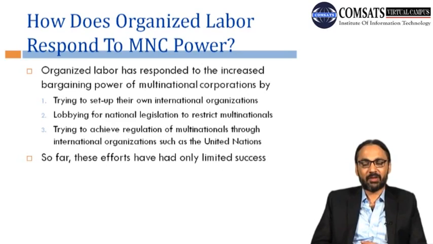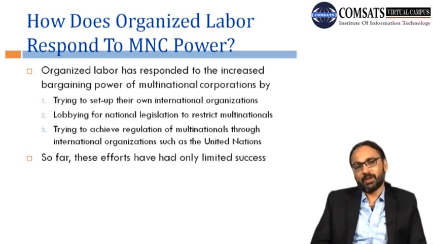The second thing is lobbying for national legislation to restrict multinationals. They can pursue the legislators, the politicians, to pass bills or regulations which restrict firms from moving their production facilities from one market to another. The third one is trying to achieve regulation of multinationals through international organizations such as the United Nations.